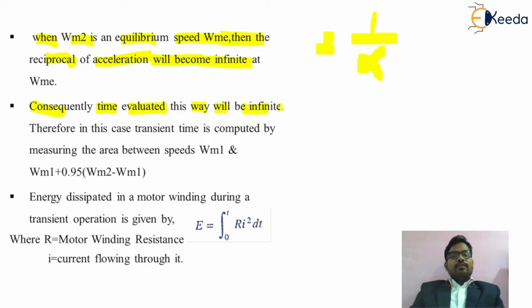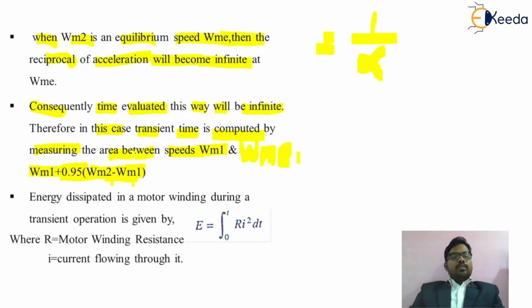Why is the value of the time infinite? Because in this case the transient can be computed by measuring the area between the speeds, that is omega m1 and omega m1 plus 0.95 times (omega m2 minus omega m1). What do we mean by omega m2 minus omega m1? That is called omega me, the equilibrium value of the speed.